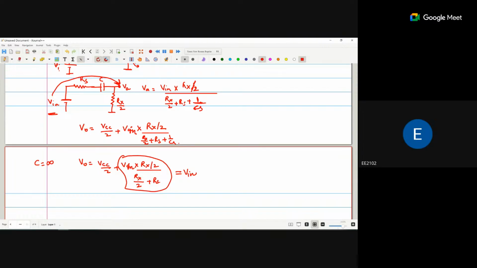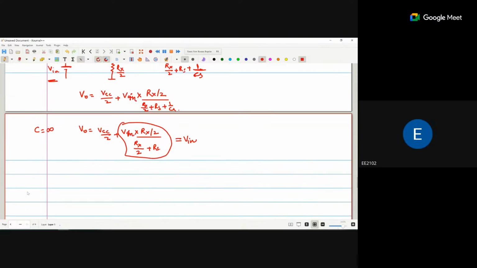and that is only possible if your Rx by 2 should be greater than Rs. So now your output voltage, VCC by 2 plus Vin, this is greater than Rs, so we can neglect this term.